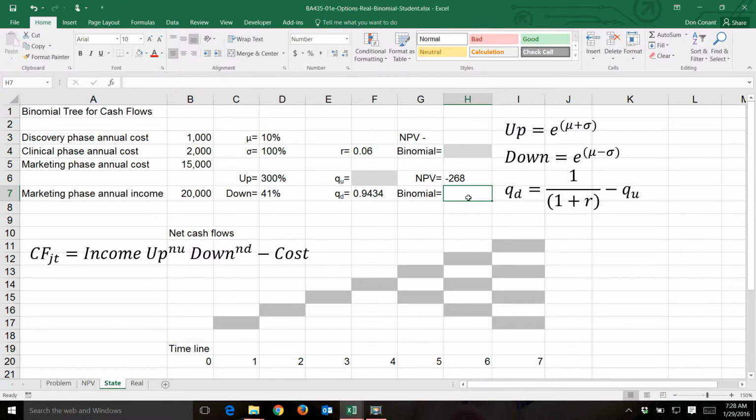Now the binomial and the other values will have to wait until I complete the rest of the model. This concludes the data section portion, video 2. To complete the model, move on to step 3 or video 3 to complete the net cash flows section of the model.